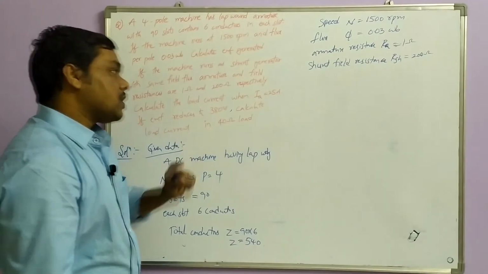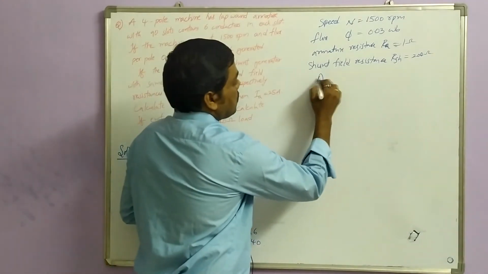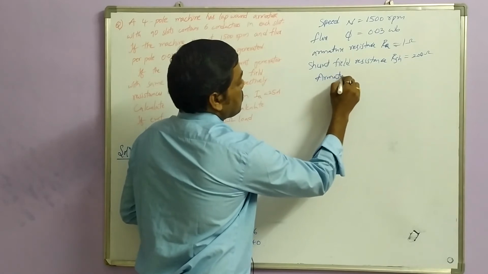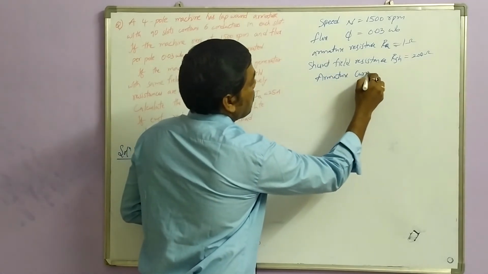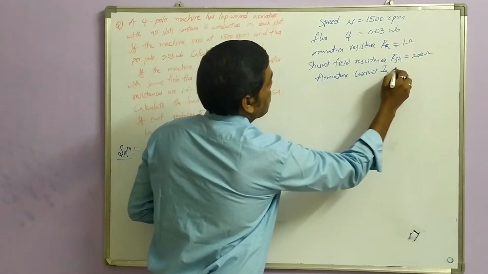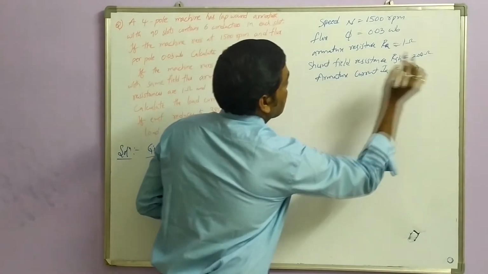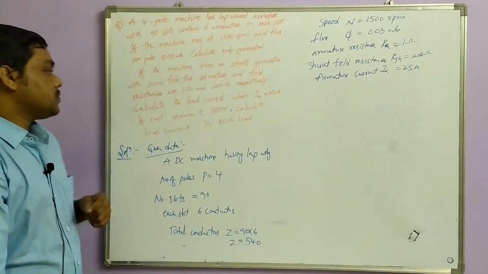The armature current IA is equal to 25 amperes.